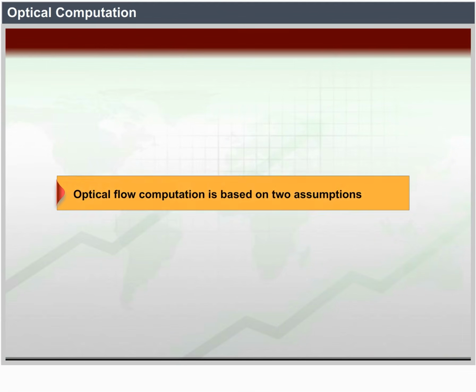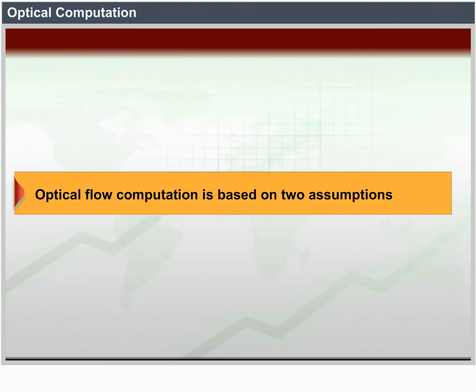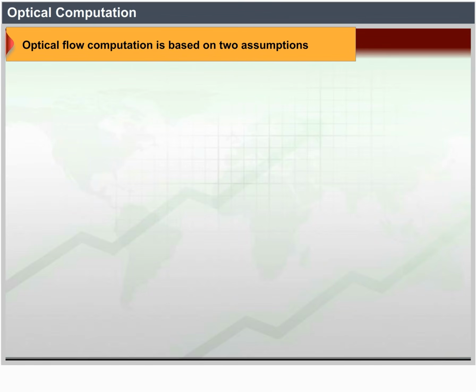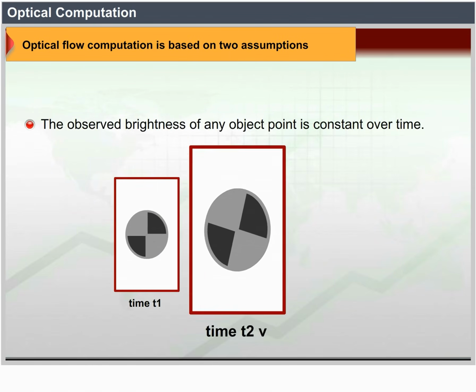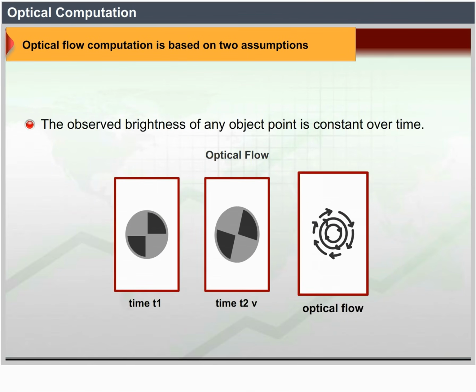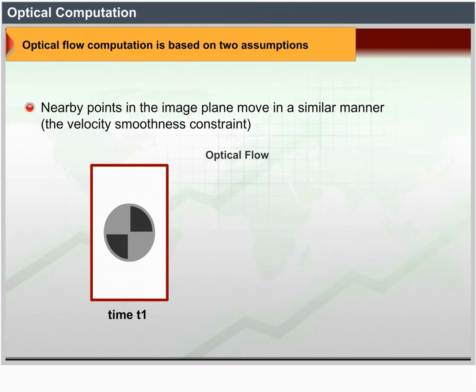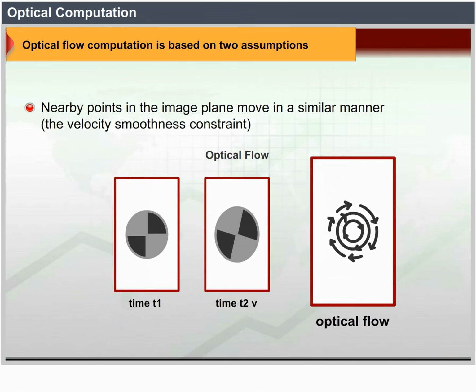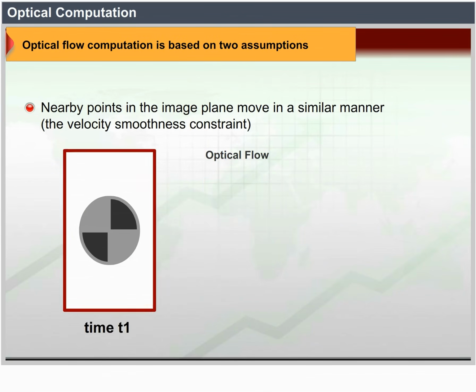Optical flow computation is based on 2 assumptions. First, the observed brightness of any object point is constant over time. Second, nearby points in the image plane move in a similar manner, the velocity smoothness constraint.